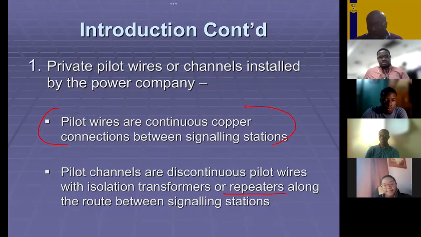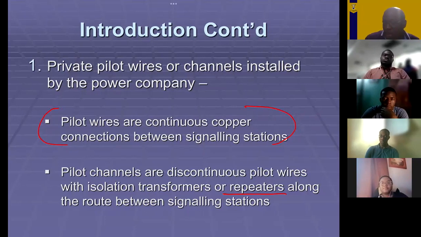All right. So that's what we do with the pilot channels in terms of reproducing the original signal that would have been available. And these are normally, although we said that it can be done by the power company, but normally it will be rented by the power company from the communications provider.